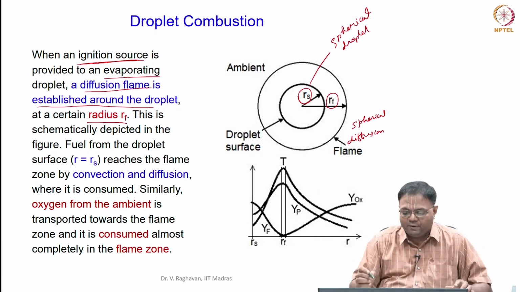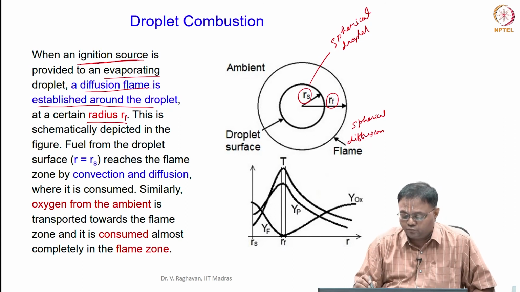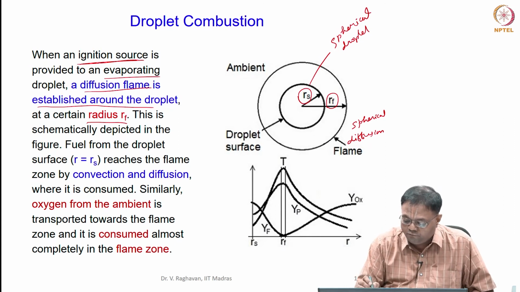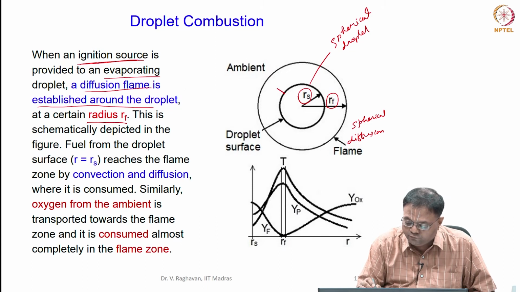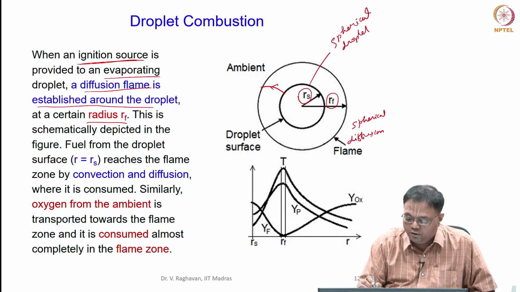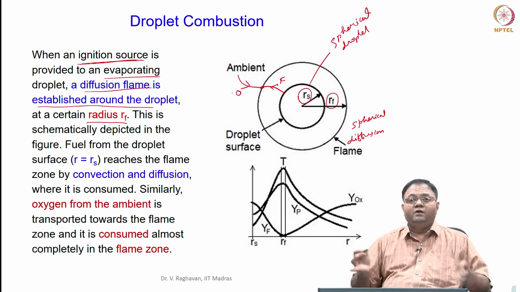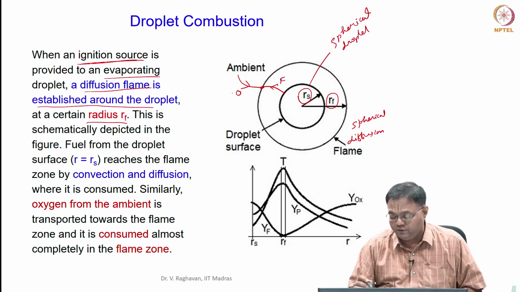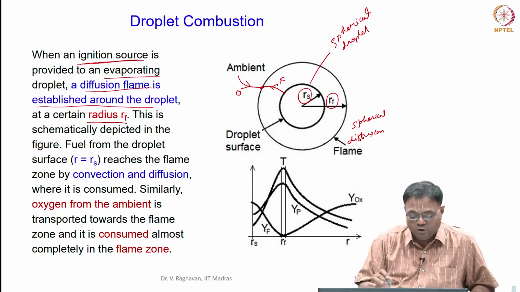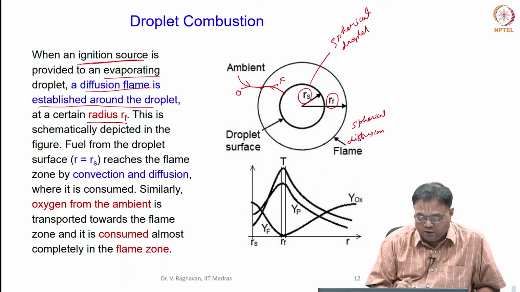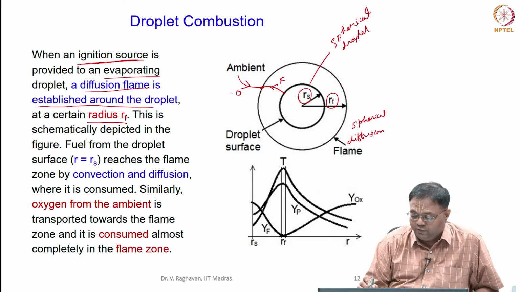What happens is that fuel from this droplet surface goes to the flame, and ambient air, the oxidizer, comes to the flame from the ambient, and products are formed here. That is the nature of the diffusion flame. When this burns, it reduces the droplet diameter.